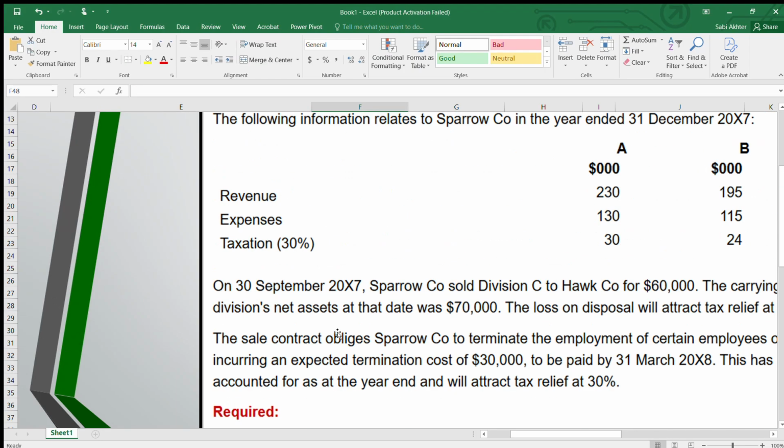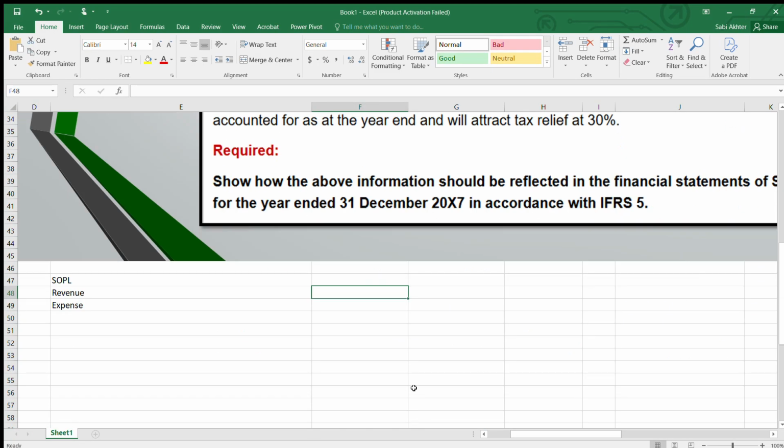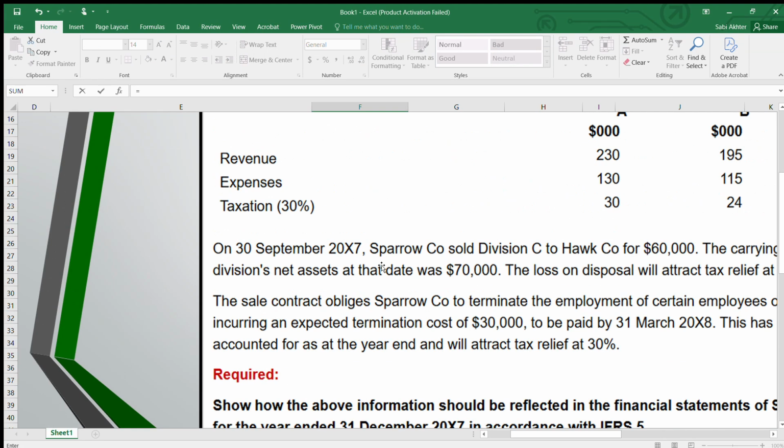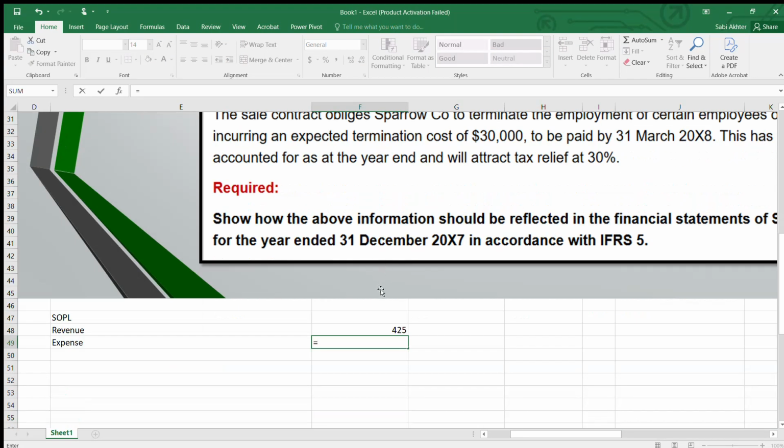So revenue, you can only add for A and B. Division C is sold. So it is 230, 195. Then we will have to add the expenses. That is 130 and 115. 245.